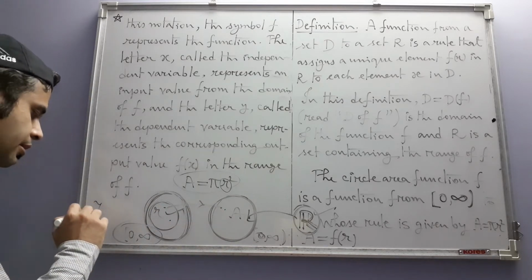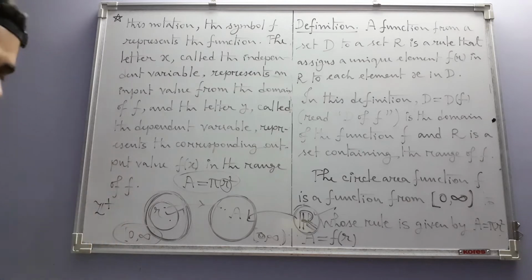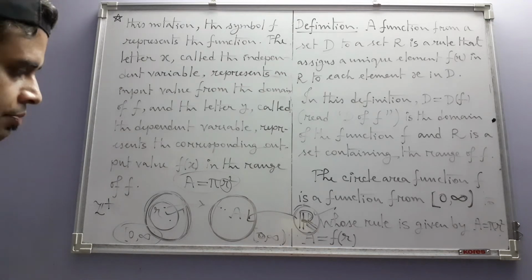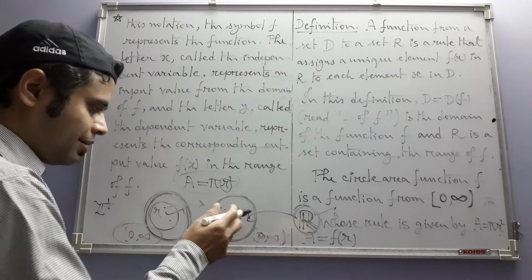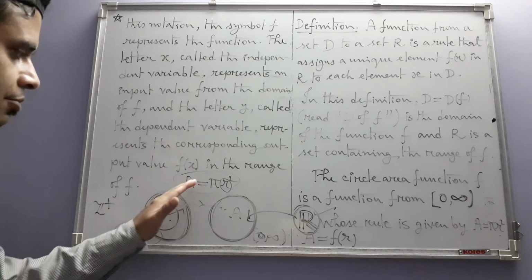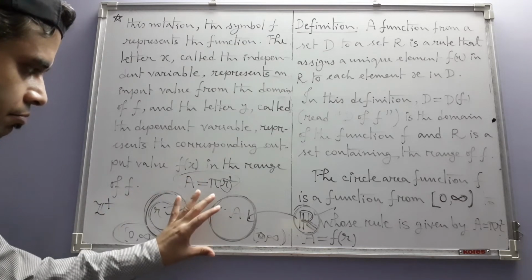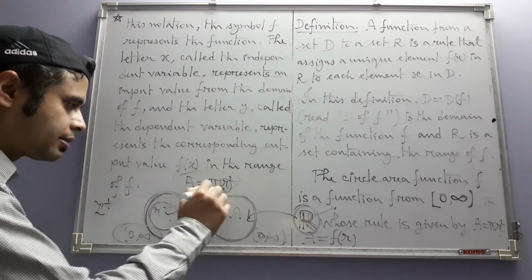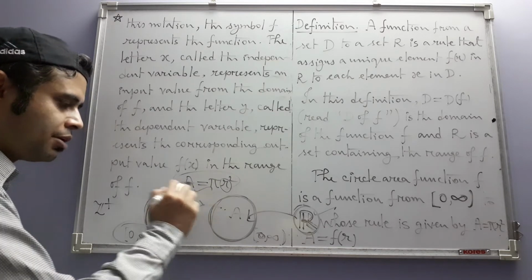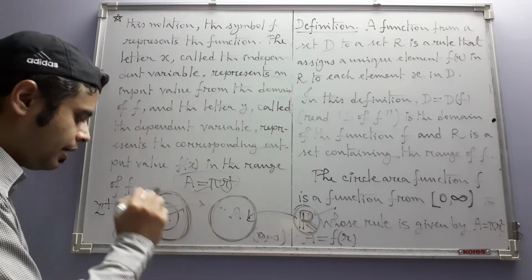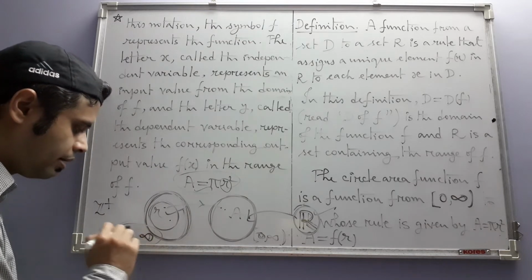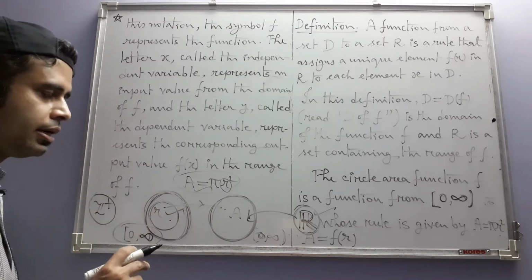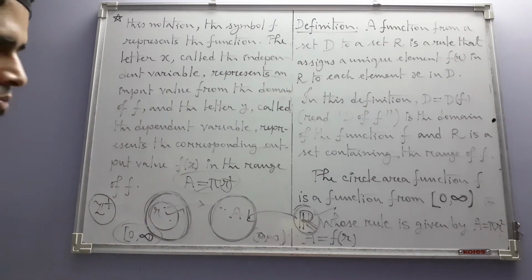The domain is the set of all positive integers. So for that also you have an area function, and that function technically is different from the ordinary circle area function. For the circle area function, which is given by this rule or this formula, the natural domain is this, which is the largest possible. Any subset of it can also be considered as the domain. Okay.